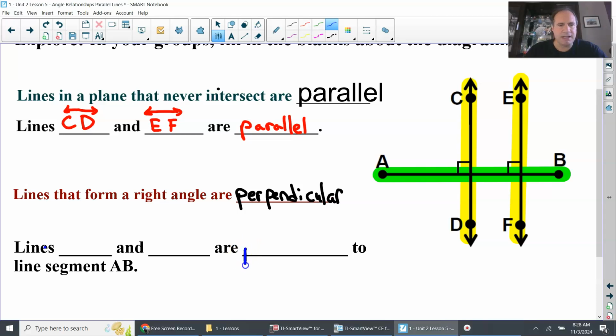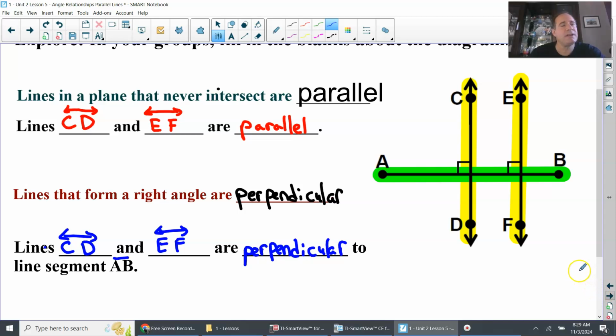So I'm just going to put that down, perpendicular. So lines CD and EF are perpendicular to line segment AB. Line segment AB should have a line on the top like that, with no arrows because it is a line segment.